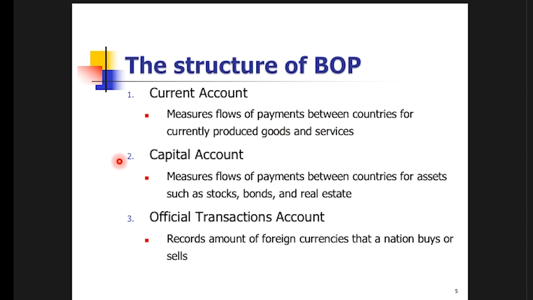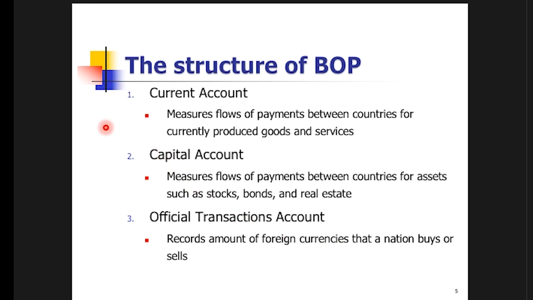The capital account measures the flows of payments between countries for financial assets such as stocks, bonds, and real estate. And after having the result for the two accounts, we get the overall result for the BOP. It is called the official transactions account, and it records the total amount of foreign currency that nations buy or sell.